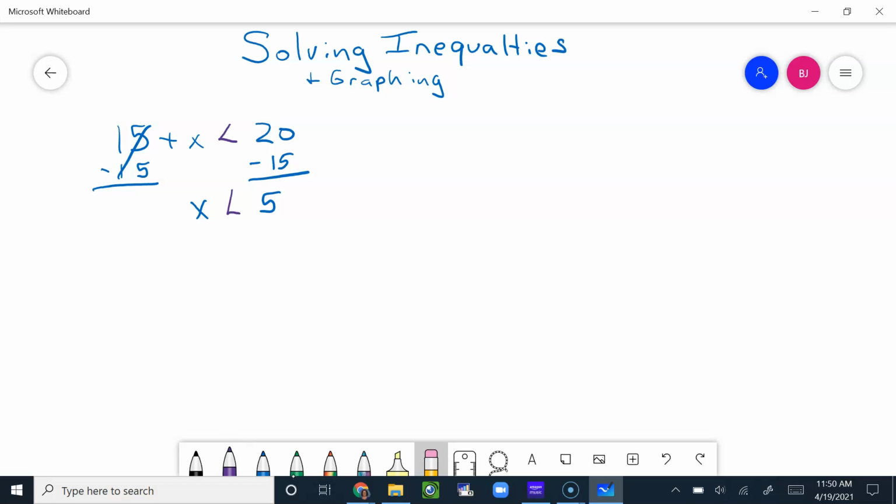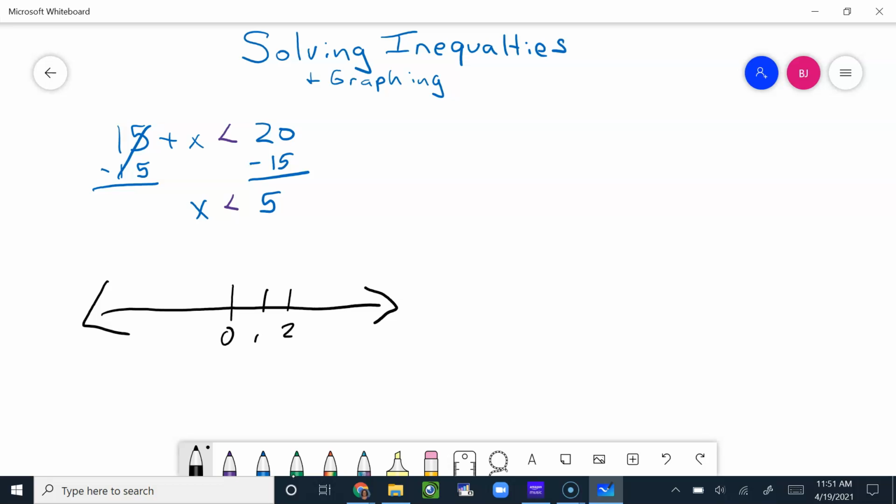Now, when you are putting this on your number line, is this going to be an open circle or a closed circle? Let's work this out. On a number line with 0, 1, 2, 3, 4, 5, and -1, -2, -3, -4, my inequality graph is going to be less than 5.